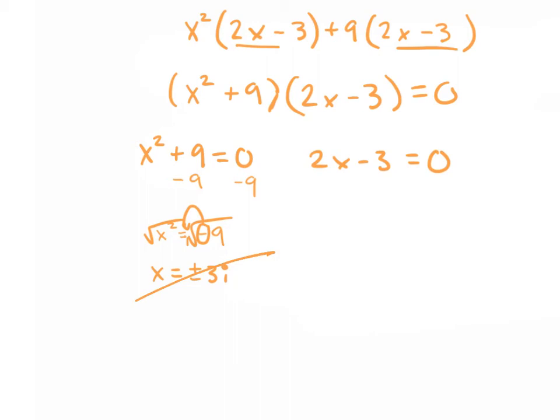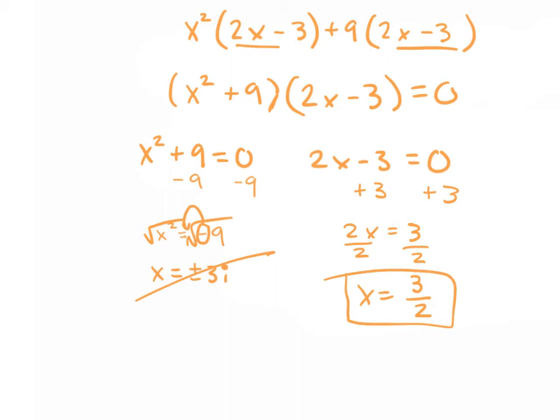So what should we do first to solve 2x minus 3? Add 3. So 2x is equal to 3. Then what? Divide by 2. So x is equal to 3 over 2.